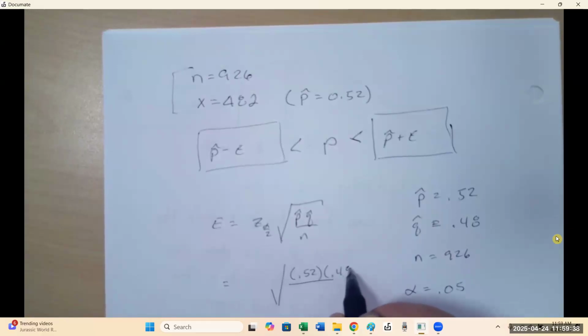So if alpha is 0.05, then alpha over 2 is 0.025.